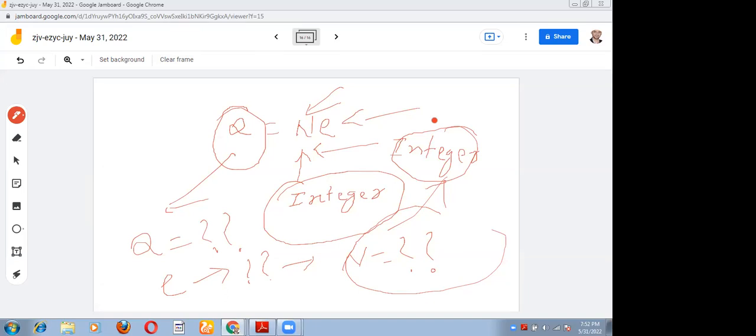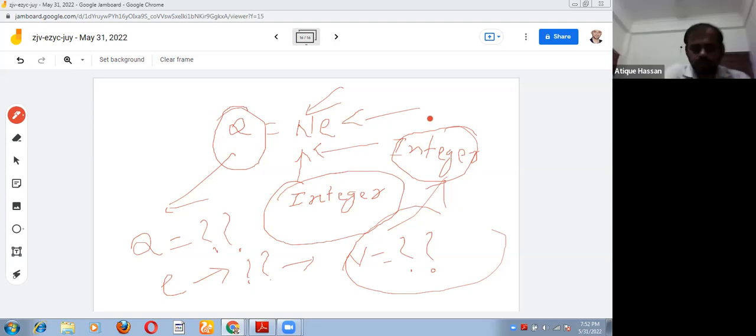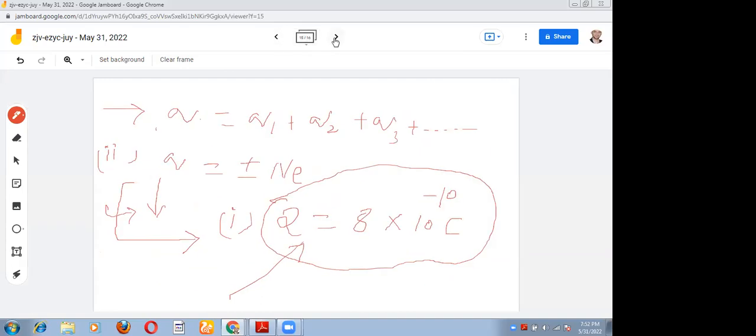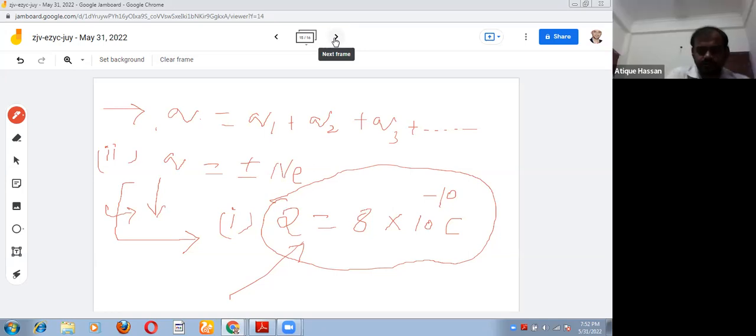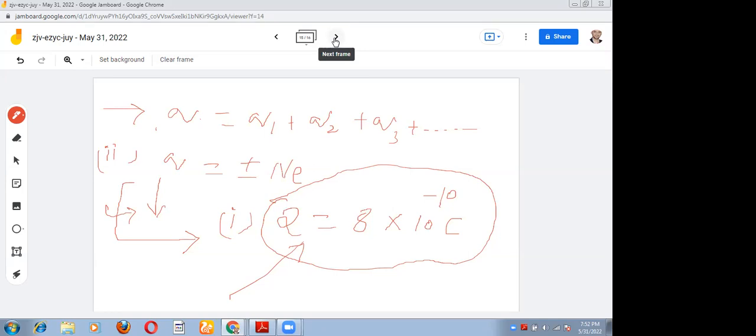Sir, it is possible. The final value is an integer. How much value have you got for N? 5 into 10 raised to 9. Correct.